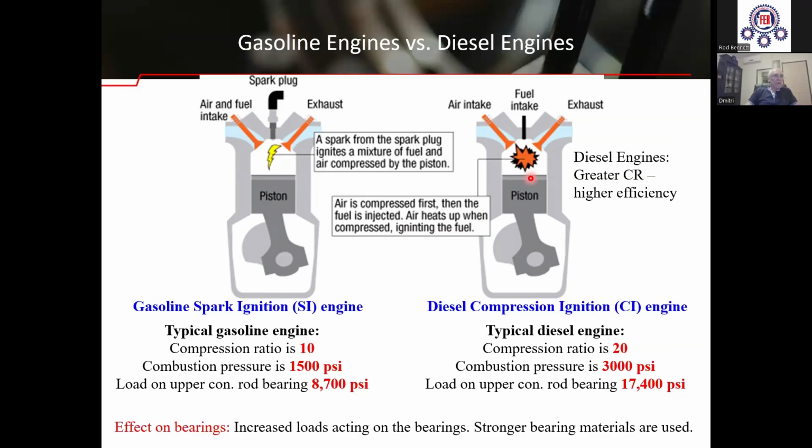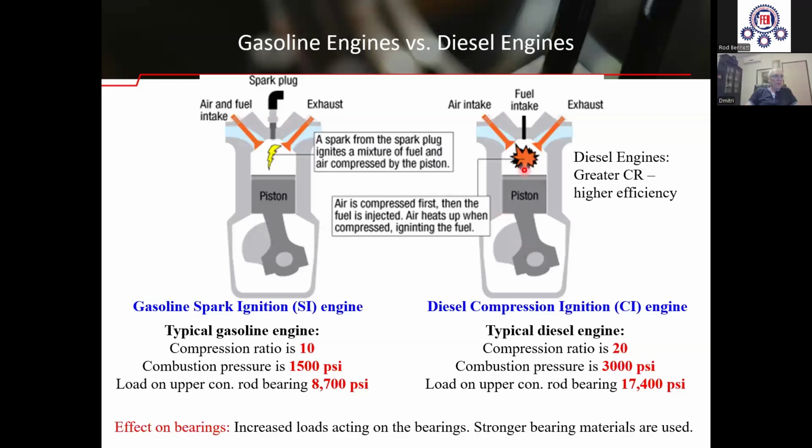High pressure and high temperatures are required for compression ignition. Therefore, the compression ratios of diesel engines are higher, normally 16 to 20. Accordingly, the cylinder peak pressures in diesel engines are also higher.